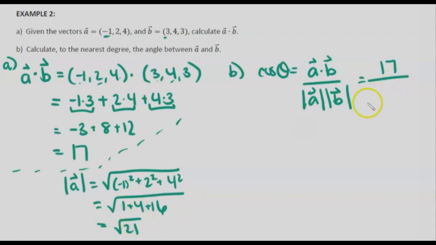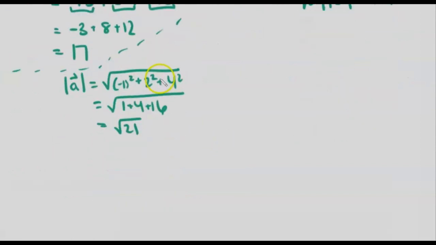We can take this as it is and plug it straight into here. We can express it as a root. Now, the magnitude of vector B, we have 3, 4, 3. It's going to be the square root of 3 squared plus 4 squared plus 3 squared.